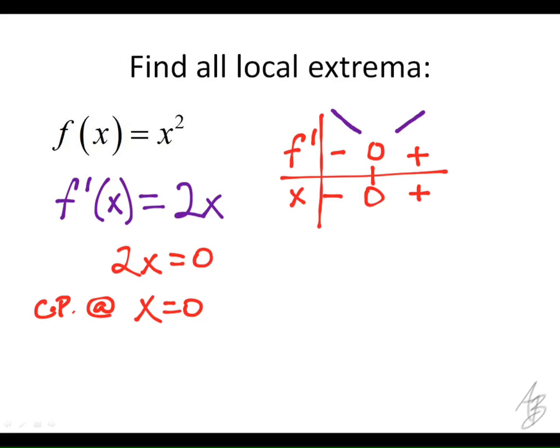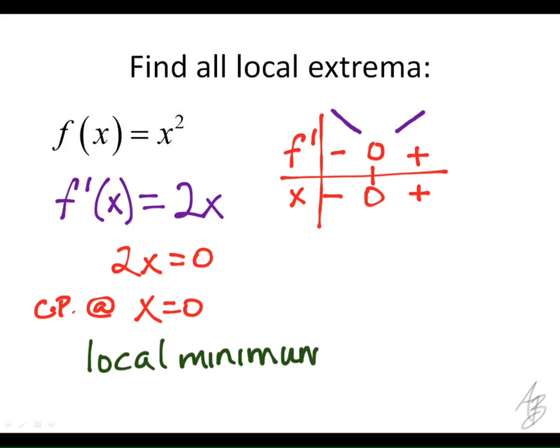All right, so we have a critical point at 0. We should go ahead and finish this and answer the question. So when x equals 0, we're going to get a minimum. And all we're worried about is local here.